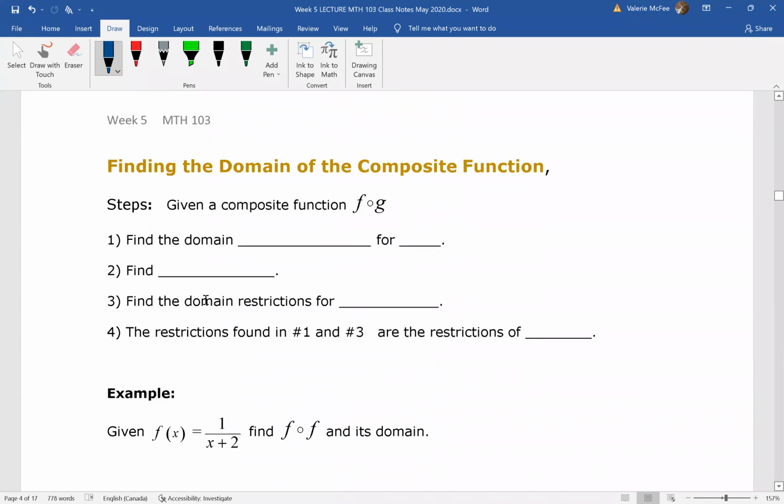I've tried to write that down as some steps that you can follow here. If you're given a composite function, f composed with g of x, you first need to find the domain restrictions for g. So whatever the second function is, you need to find those domain restrictions.